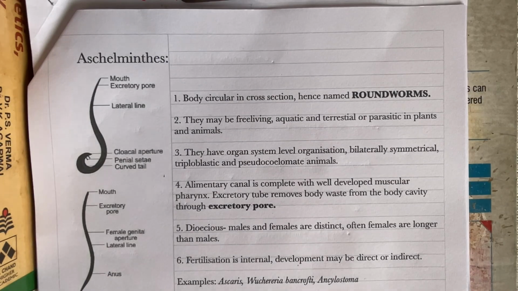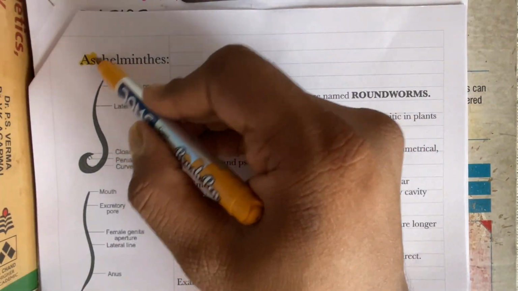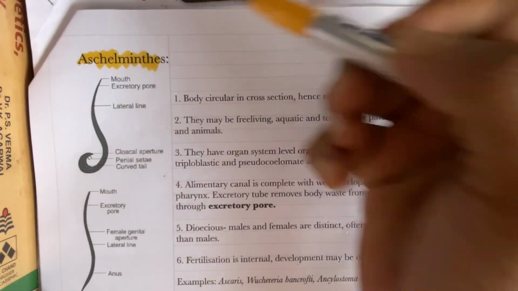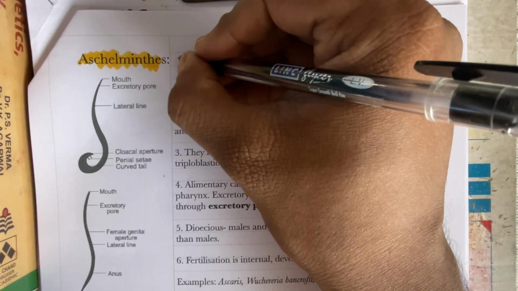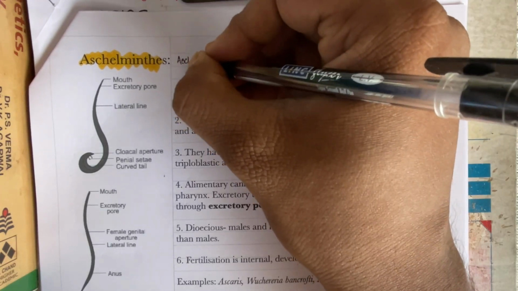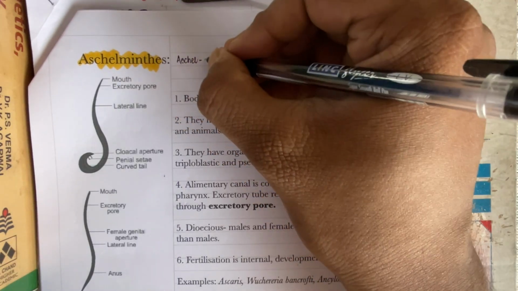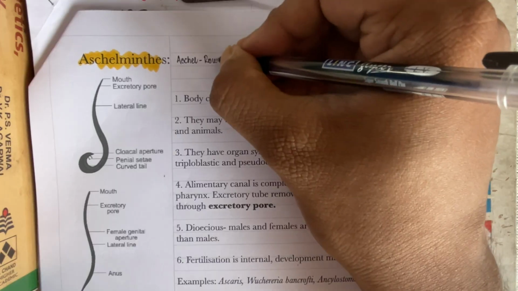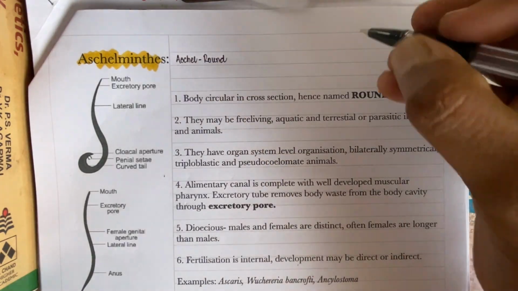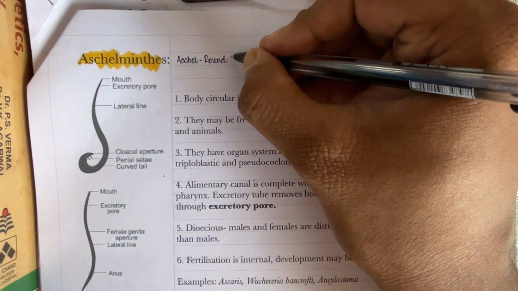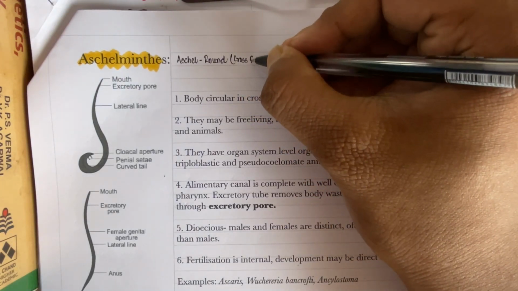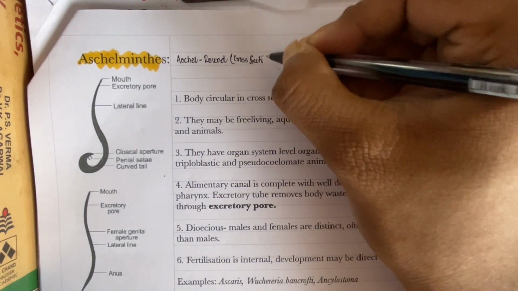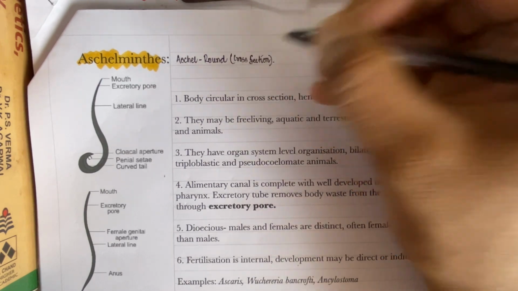Next phylum after Platyhelminthes is Aschelminthes. Just like platy means flat, asche means round. That means if you take the organism and do a cross section of it, then you will see that it is round.